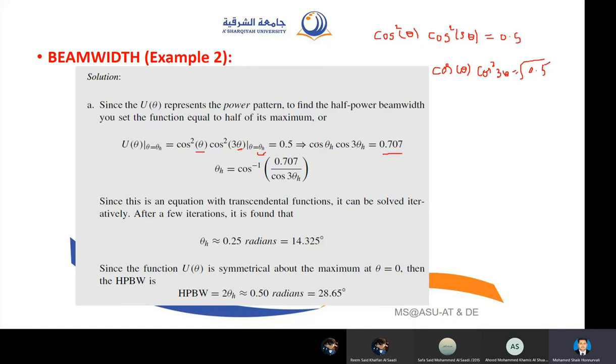But I just need this angle theta h here. So cos 3 theta h, I will send to the right side. It will become 0.707 divided by cos 3 theta h. If you send the cos to that side, it will become cos inverse. Now I need to find this theta value by the iteration method. What is this iteration method? Please take your calculator.